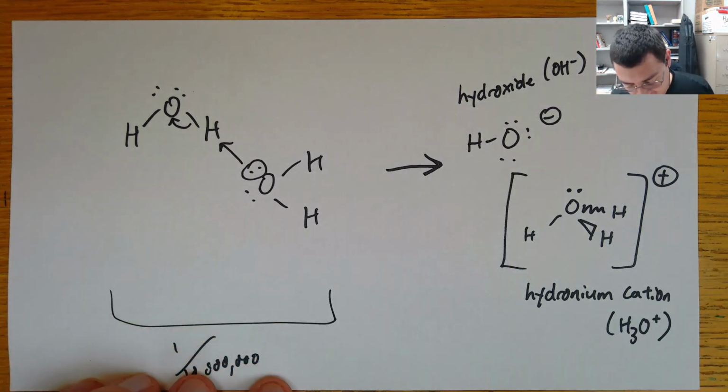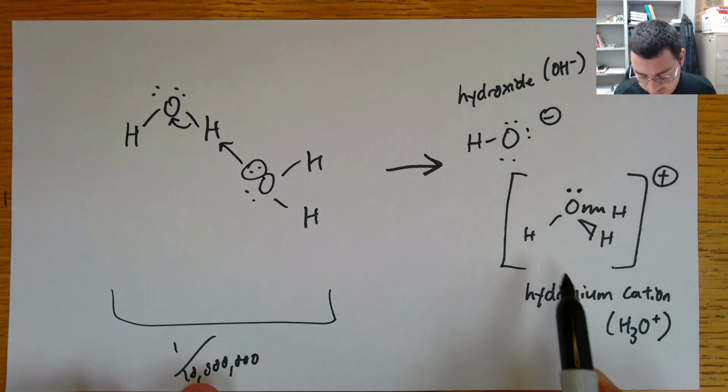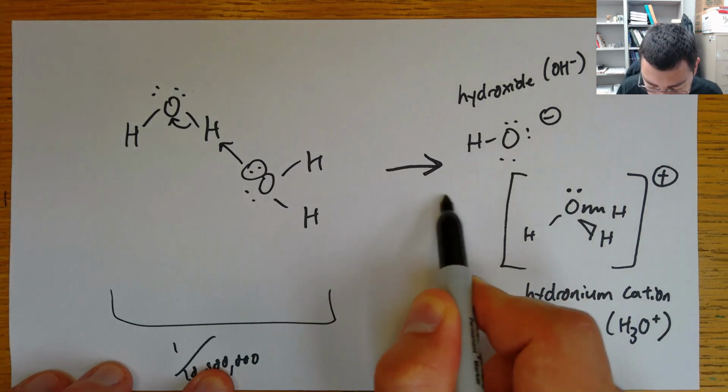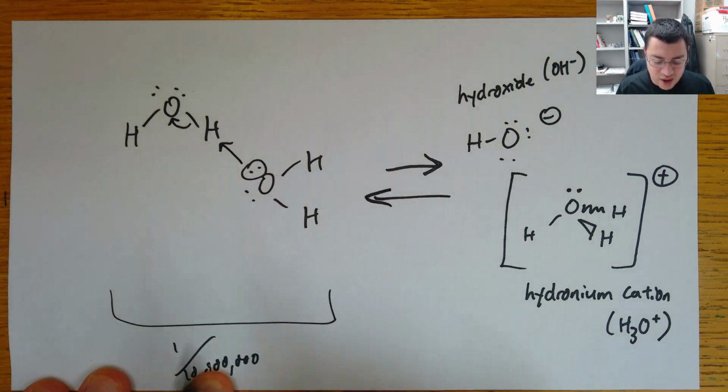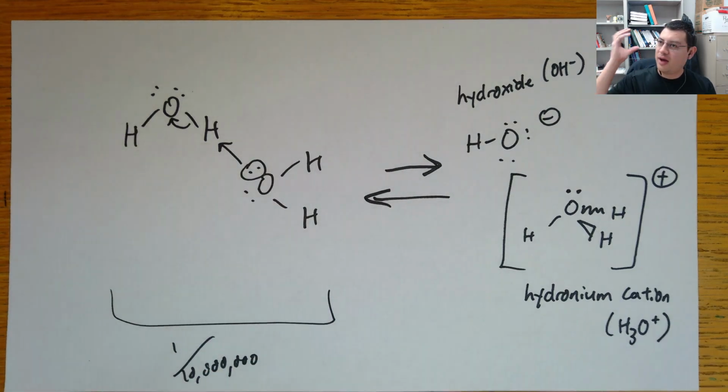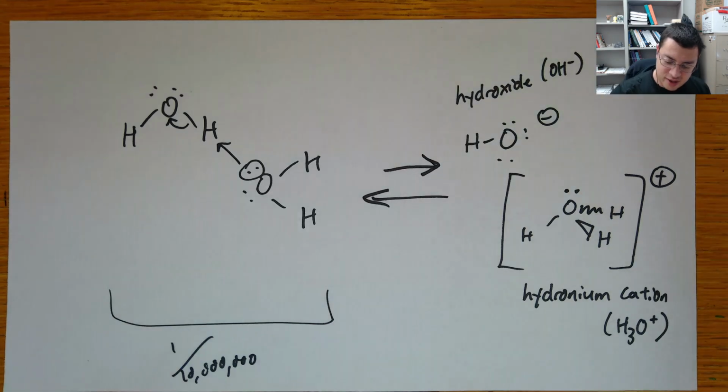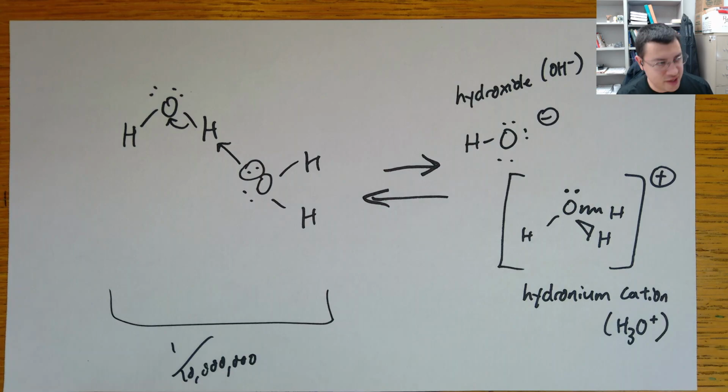Okay, so yeah, this happens very rarely, and usually when this happens, it goes right back to being two neutral water molecules, and some other two water molecules somewhere in your cup of water would end up doing this, but it's a rare event.